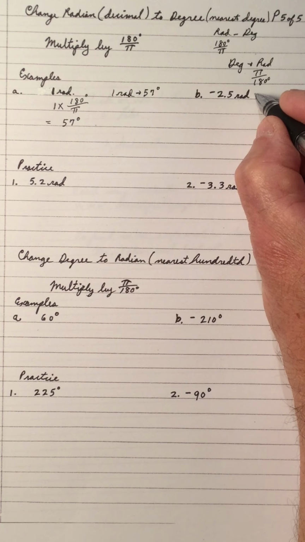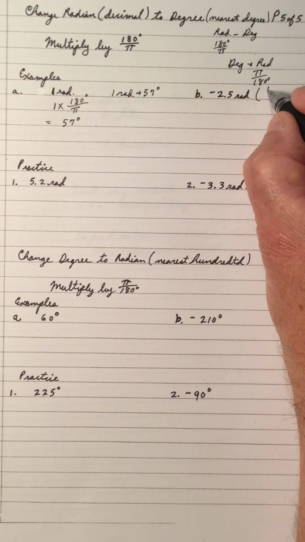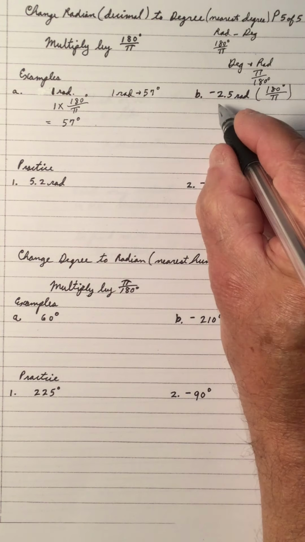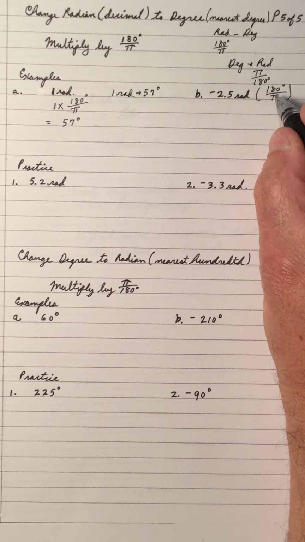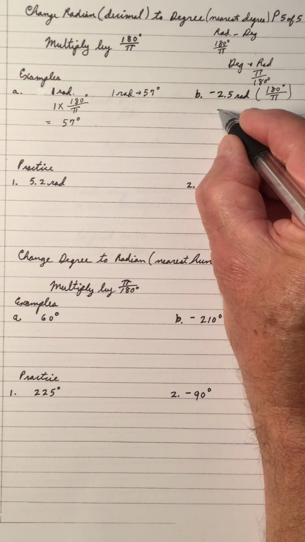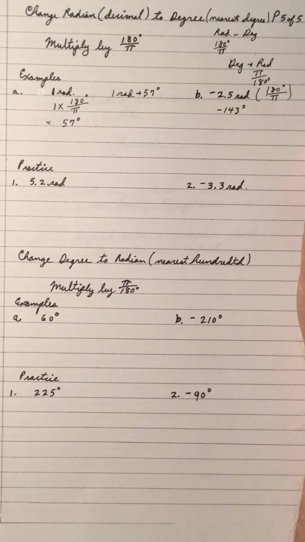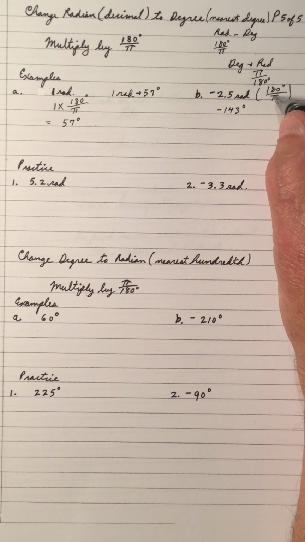And here we're going to multiply by 180 over pi. So negative 2.5 times 180 divided by pi, or divided by 3.14, will give you a negative 143 degrees. You can use pi on your calculator, or you can use 3.14.